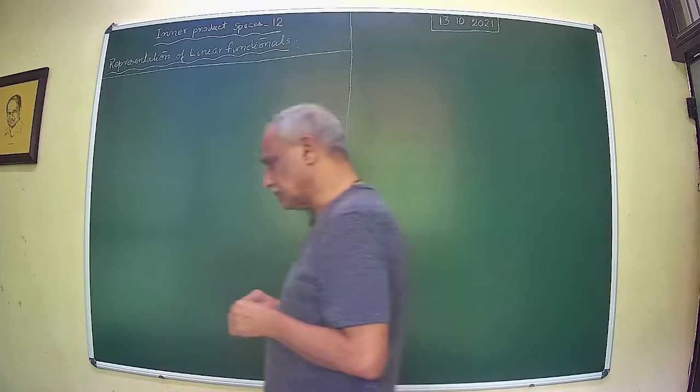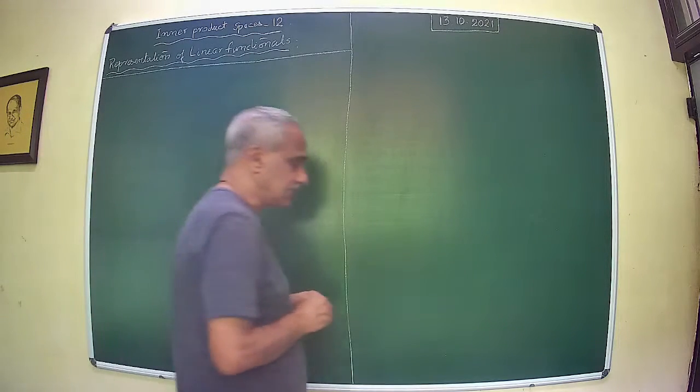So what we have seen is the following. You have the so-called Riesz representation theorem.